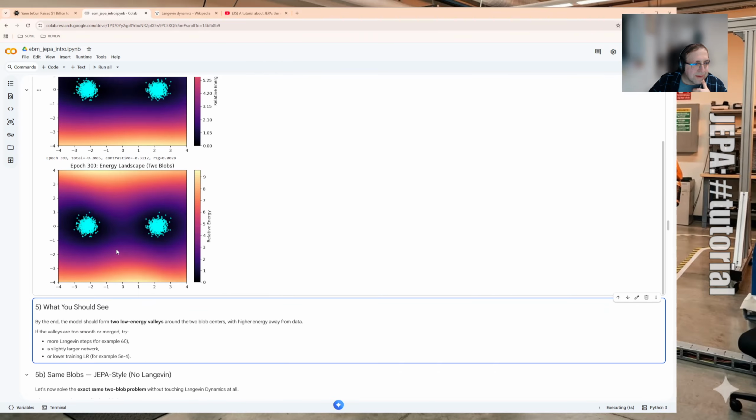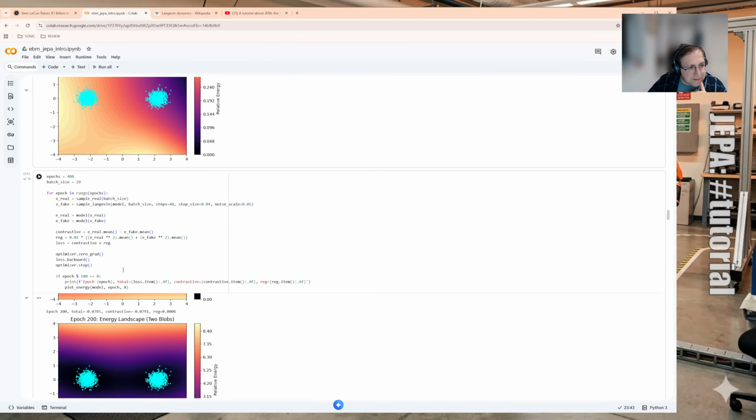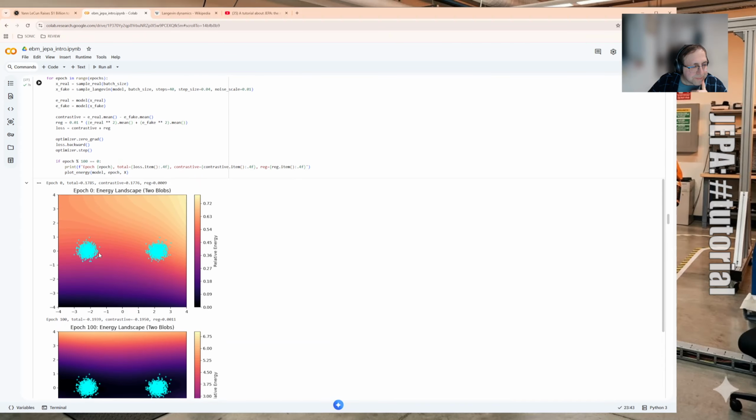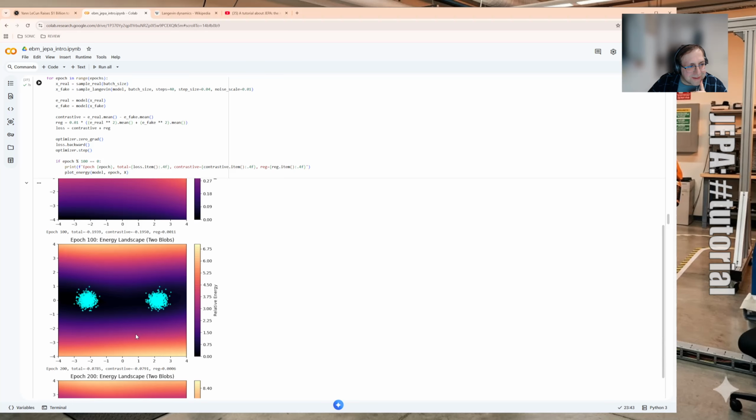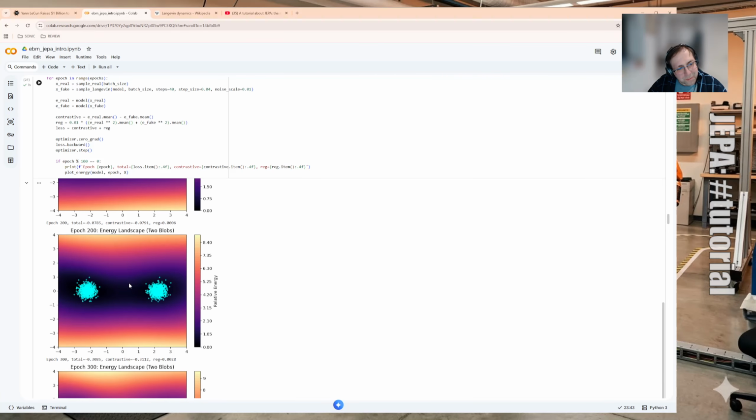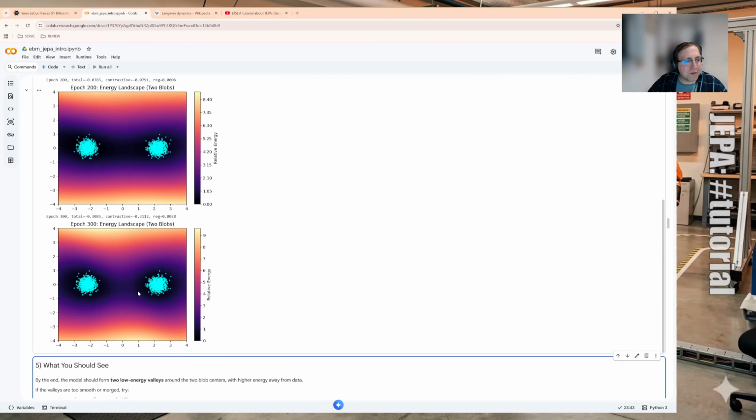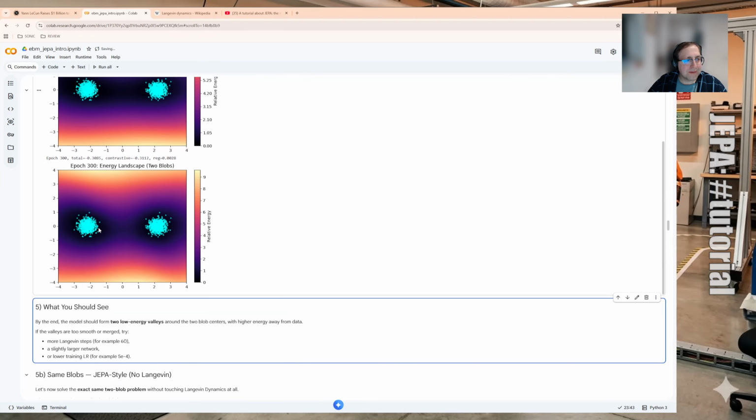And you can see here that it sort of starts, the valleys are at the bottom, then it goes up into like a horizontal band, and then it starts to squeeze in the middle, and then you have these two nice isolated valleys, which means that the algorithm has learned very well.